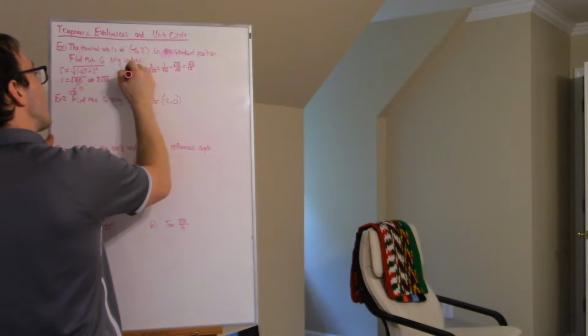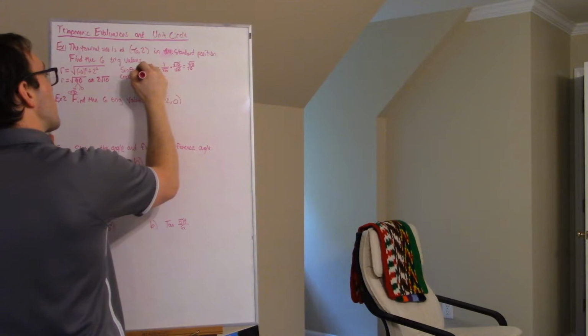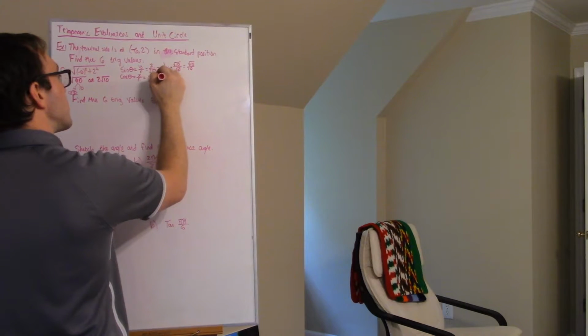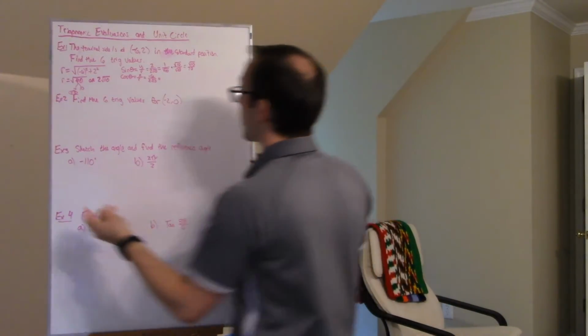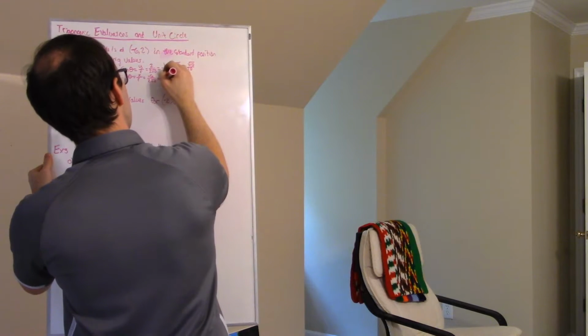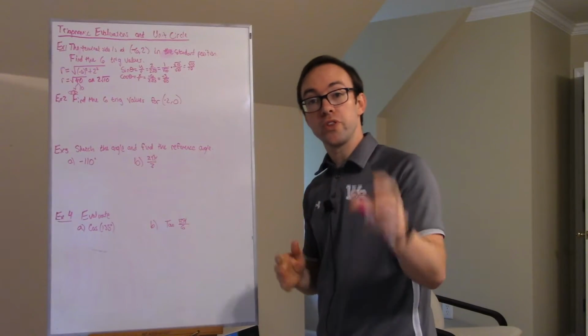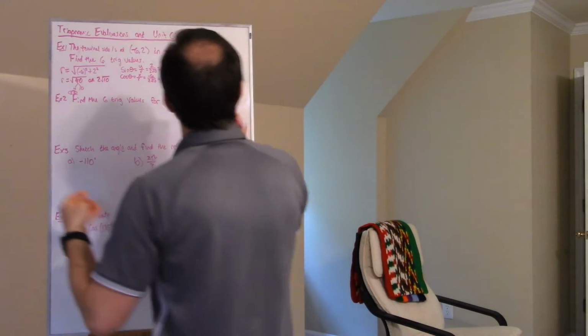Cosine, that is x over r, which is -6 over 2 square root of 10. -6 over 2 square root of 10 is -3 over the square root of 10, which we would then rationalize.